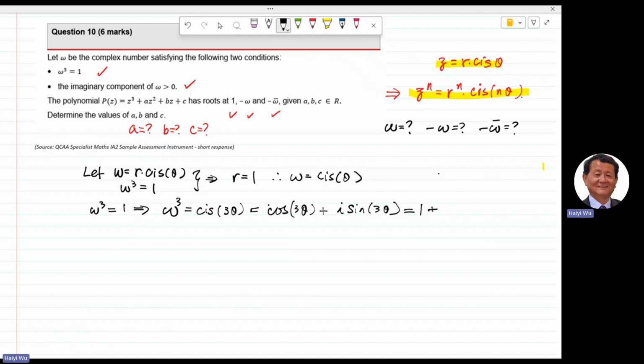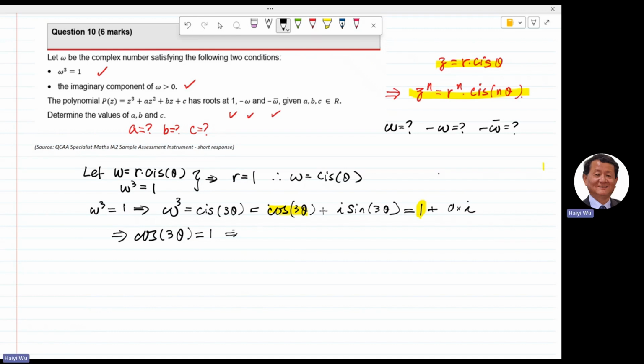The imaginary part is 0 times i, so we match the real components. That gives us cosine 3 theta equal to 1. Therefore, we can decide what theta is.